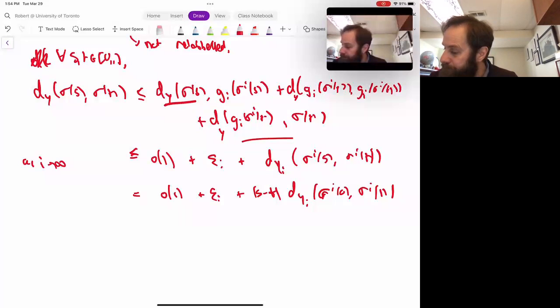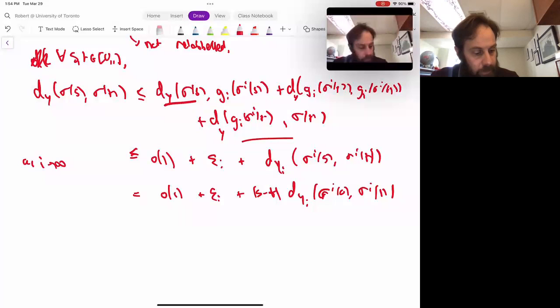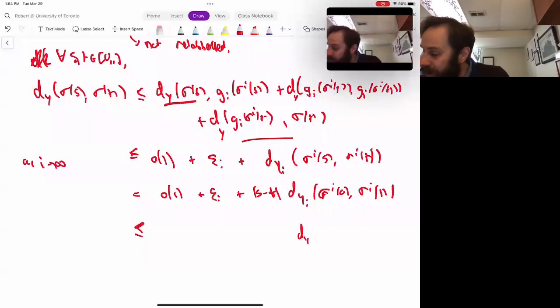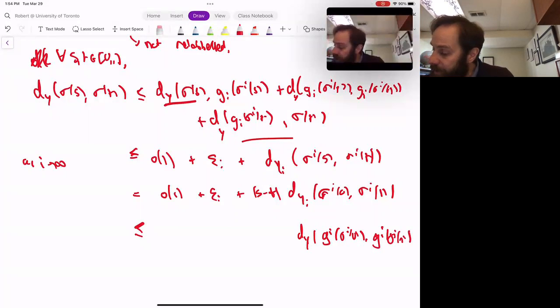But this again is approximate. This is less than the distance in Y infinity again of GI sigma I0, GI sigma I1, where the GI maybe adds another epsilon times s minus t, but s minus t is less than 2. So let's say it's less than 3 epsilon.